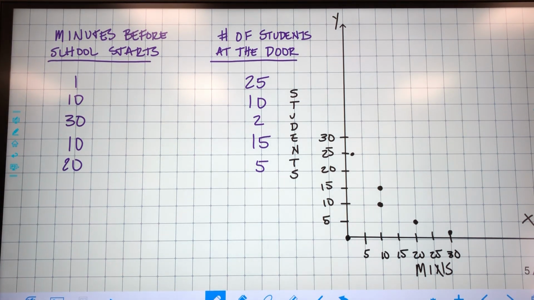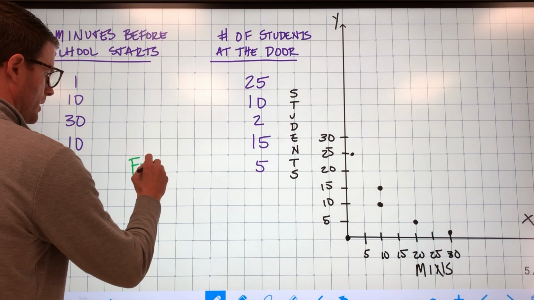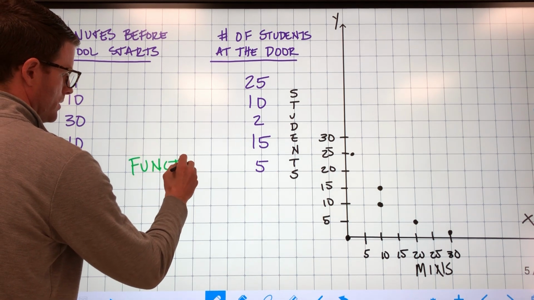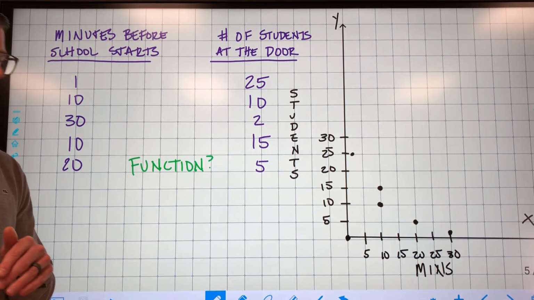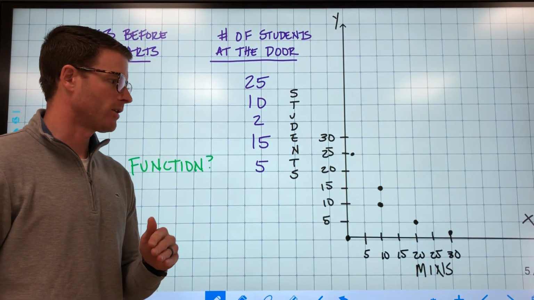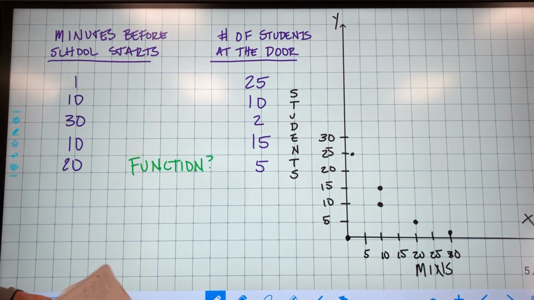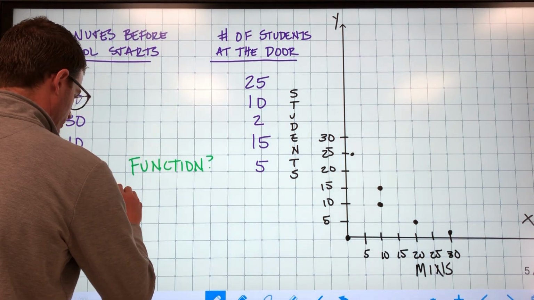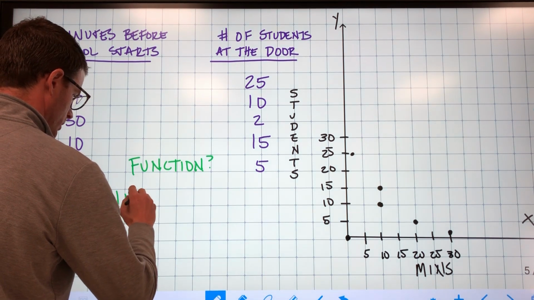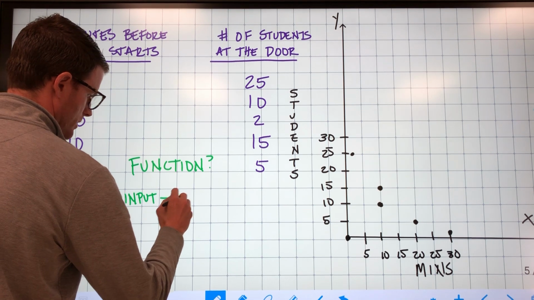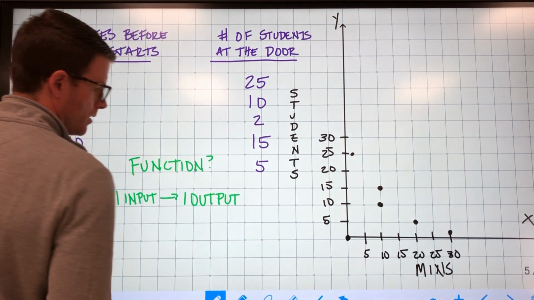And I am going to ask now, is this a function? So far, we know that a function is only a function if for each input there is one output. So we're really asking for every input, for each input, every one input, is there only one output? Okay?